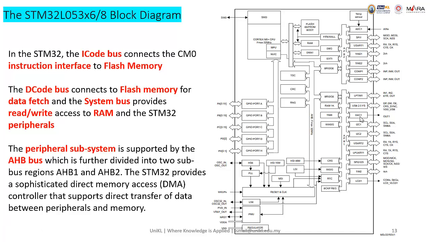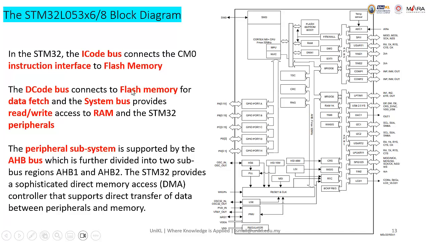In the STM32, the I-code bus connects the Cortex-M0 instruction interface to flash memory. So remember, last time I said flash memory is where we place the program, right? The D-code bus connects to flash memory for the data, and also we have flash memory here for data, right? And the system bus.